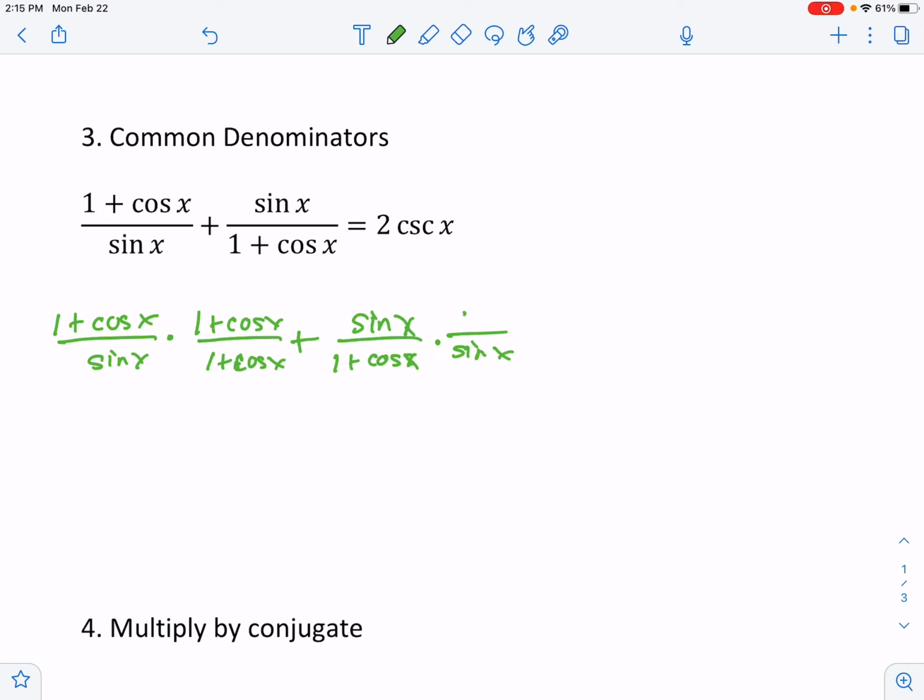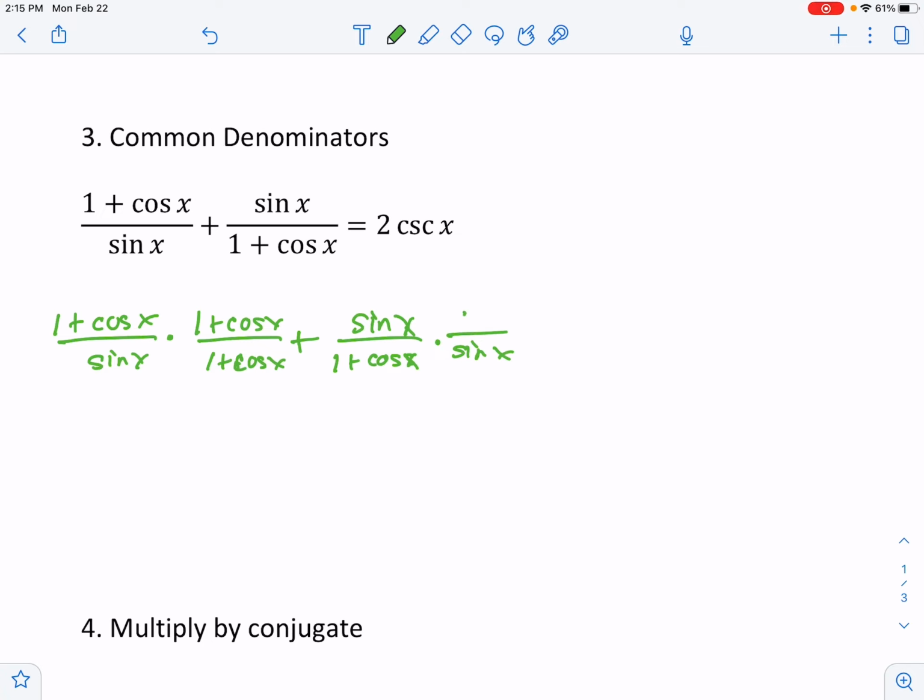So this becomes 1 plus 2 cosine x plus cosine squared x plus sine squared x, all over the sine of x times 1 plus the cosine of x. You notice I didn't distribute those.